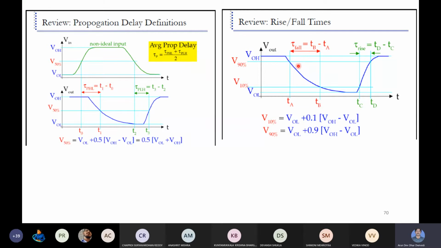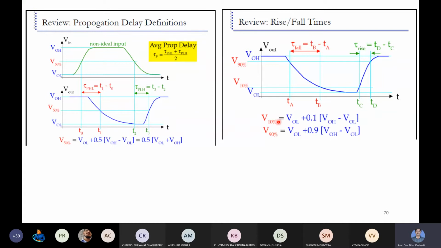Similarly, rise time and fall time also have to be calculated. Reviewing rise time and fall time: this is the output pulse, VOH is the maximum and VOL is the minimum value of the pulse amplitude. This is the 90% point and this one is the 10% point, this line is VOL and this is VOH.